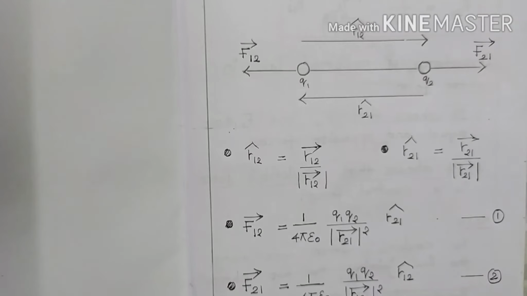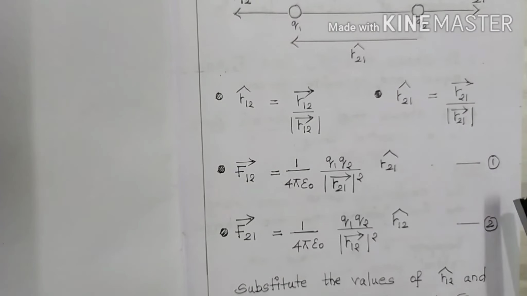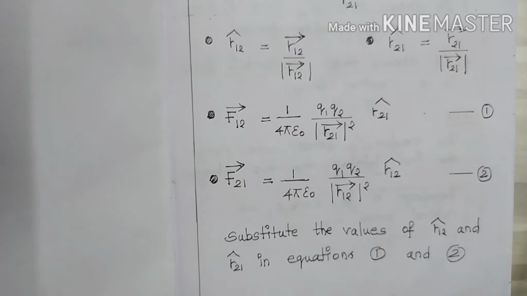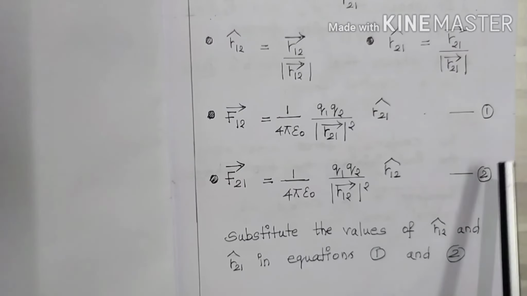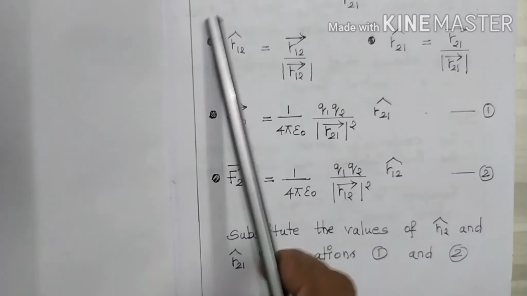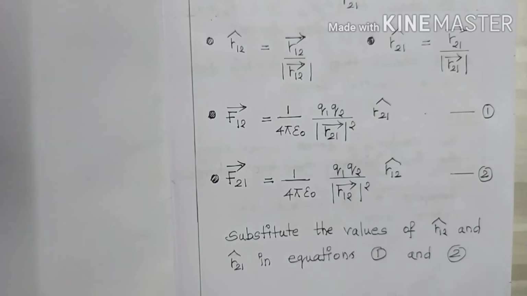Now here equation 1 and 2 are there. Now substitute the values of R12 unit vector and R21 unit vector in equations 1 and 2. Here we have got the expressions for R12 unit vector and R21 unit vector. We have to substitute.